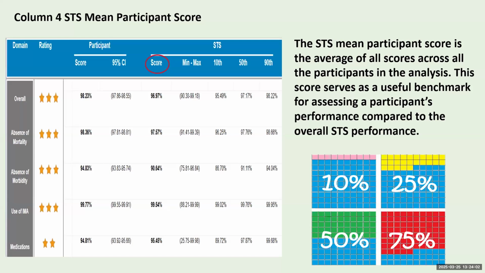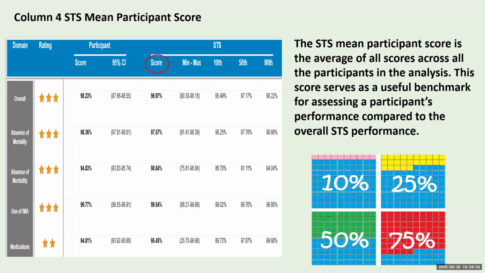Now, if you look up above, we're going to look at use of internal mammary artery. This site was a 3-star program. Most sites are, but we'll just use this as an example. The site score was 99.77. When we do a 95% confidence interval, we're making a statistical assumption that it's going to be somewhere between 99.55 and 99.91. So we're giving it a 99.77.